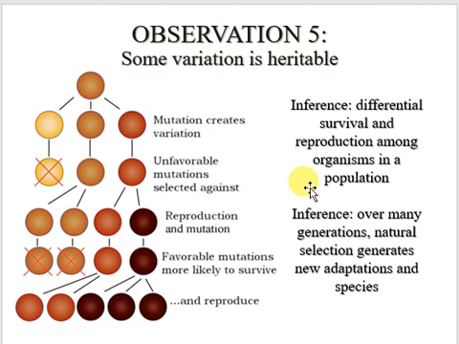The second inference notes that over many generations, natural selection generates new adaptations or new species, right? So over time, these different proportions in survivability and reproductive fitness will lead to gradual changes in a population, with more favorable characteristics accumulating over the generations.